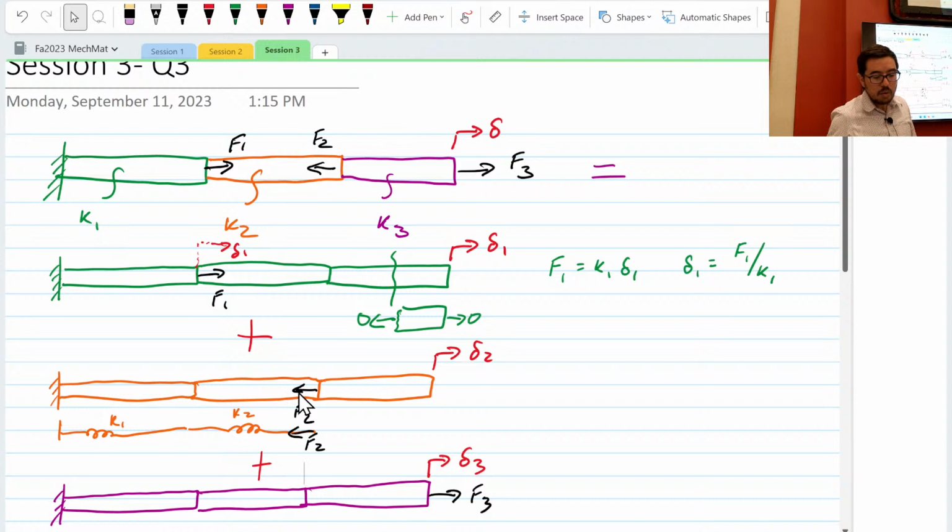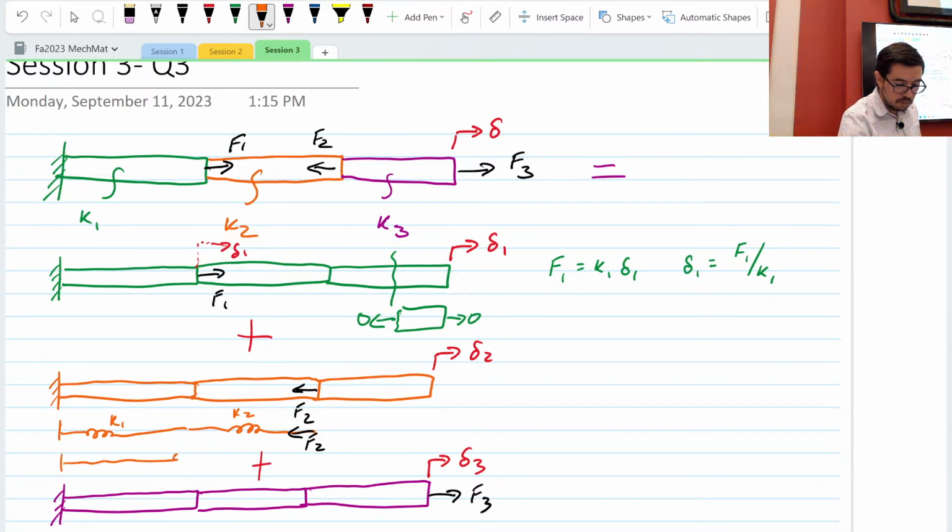And what's happening is that this force is actually in the opposite direction as this delta 2. So I need to figure out what the equivalent spring is. Okay, so that K equivalent is going to be equal to, well, I can do it a couple of ways.